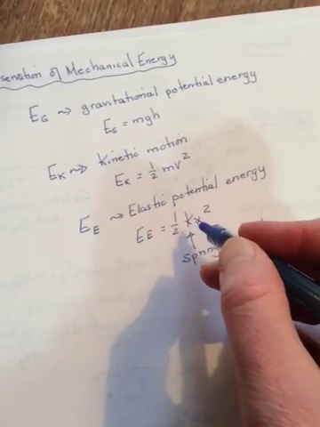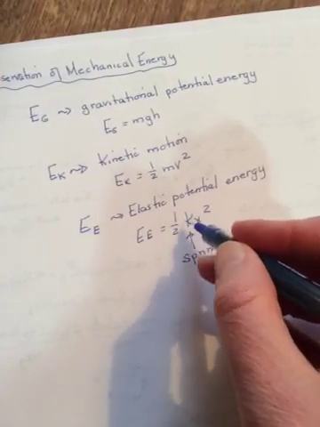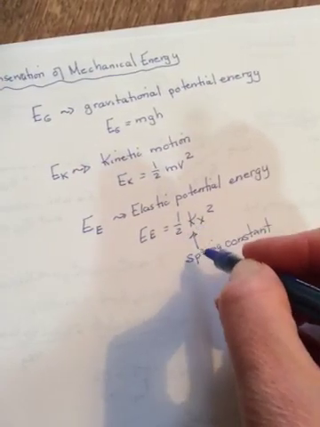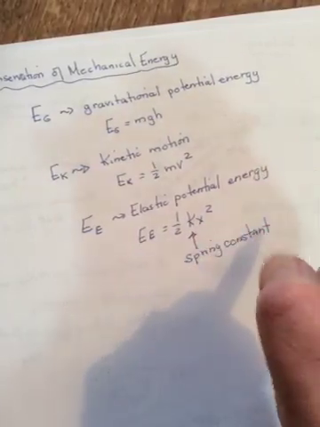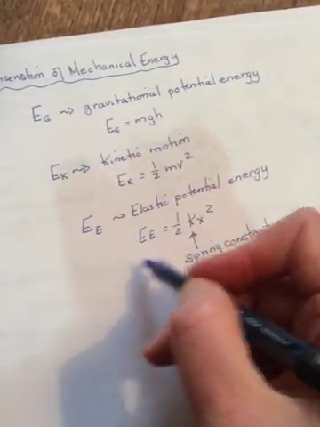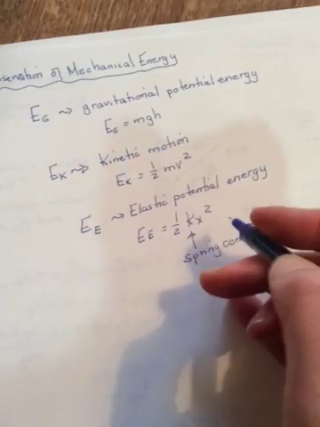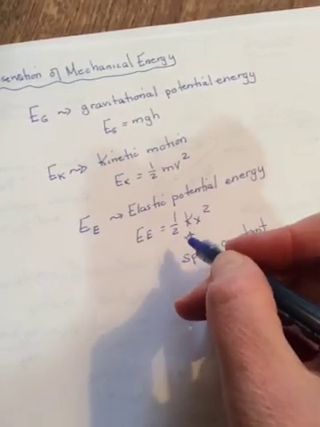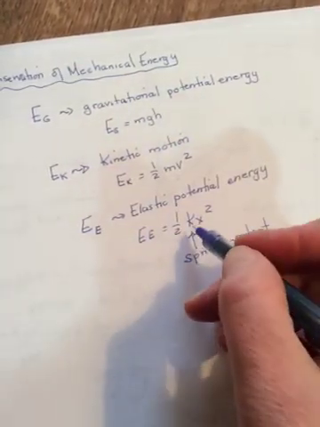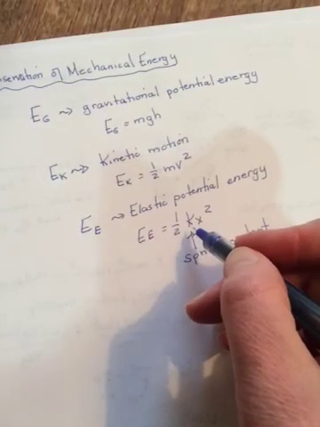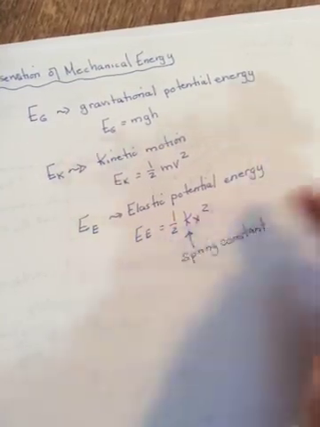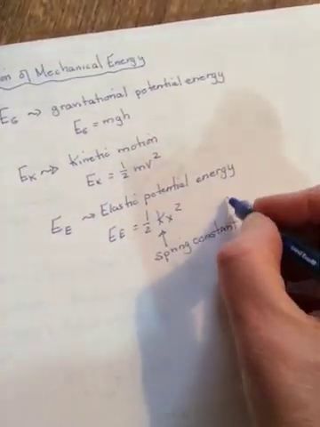So the springs and the shocks of my car would have a really big k. It would be really huge, which would make the elastic potential energy large. The spring in a click pen would have a really tiny k, and it would make the elastic potential energy tiny.